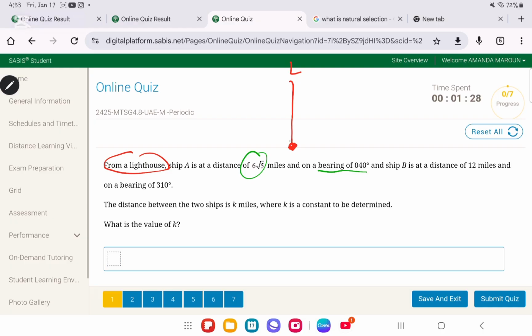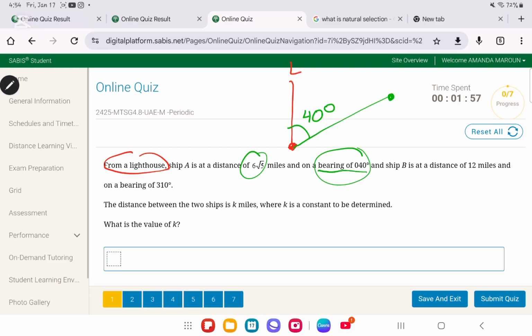Very simply, it means an angle of 40 degrees from the line passing through the lighthouse. So for the straight line you drew, the bearing of 40 degrees means it is gonna be 40 degrees from the lighthouse line.